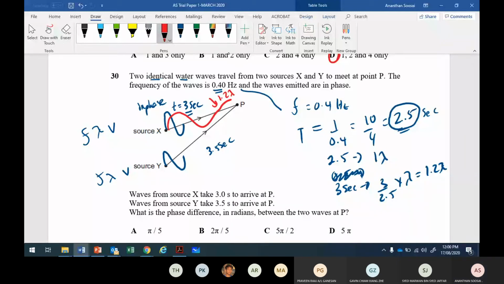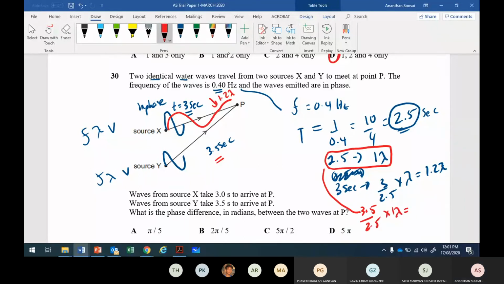Okay, the y travels 3.5 seconds. How many lambda will that be? So 2.5 is 1 lambda. 3.5 will be how many lambda? 3.5 over 2.5 times 1 lambda.